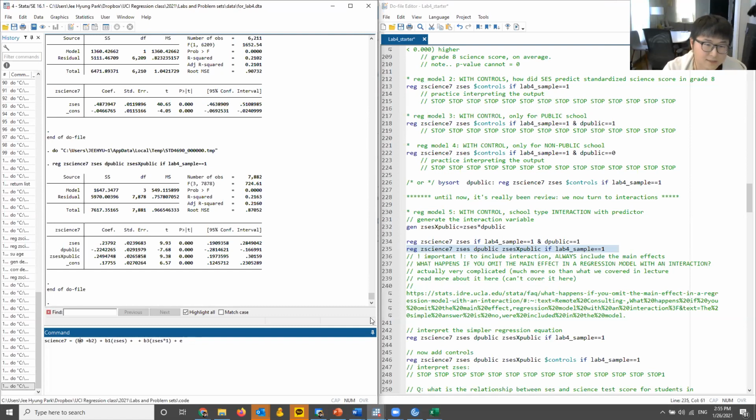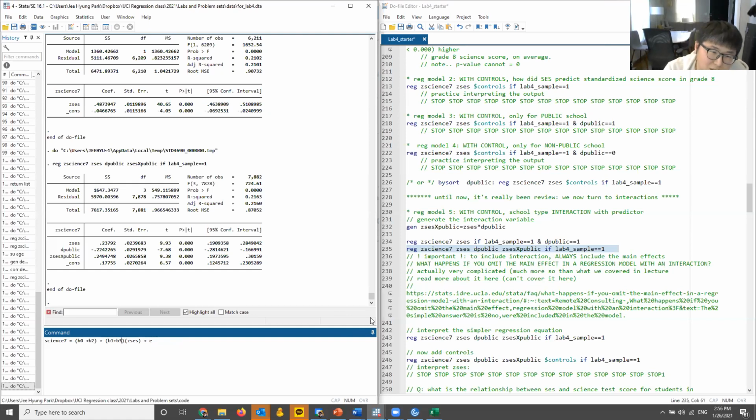Just a new constant. I can get rid of the 1 here. It's not doing anything. And then I can combine these two terms, right? I can say B1 plus B3 times ZSES. And that would be the same, right?